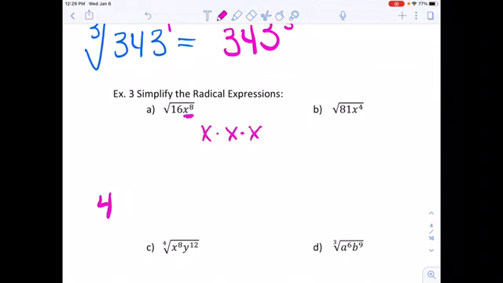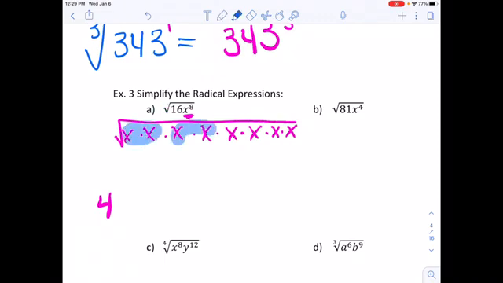So this is really just saying x multiplied by itself 8 times. I think that's 8. 2, 3, 4, 5, 6, 7, 8. Yep. And I am looking for pairs of 2 because it is a square root. So I'm going to highlight my pairs of 2.